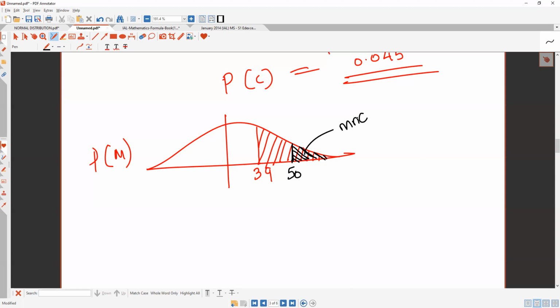Because those who got the medal have already got the certificate. After getting the certificate only will you get the medal. So this is the area where both medal and certificate intersect each other.